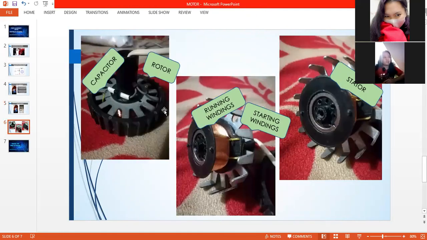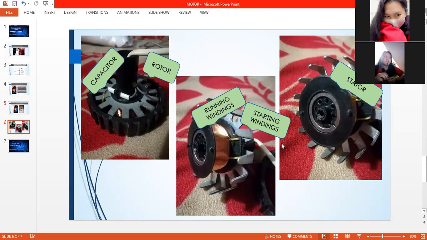So first we have the capacitor, the rotor, the running windings, the starting windings, and the stator. Let's explain each, starting with the starting windings. Starting windings are also known as the auxiliary windings.